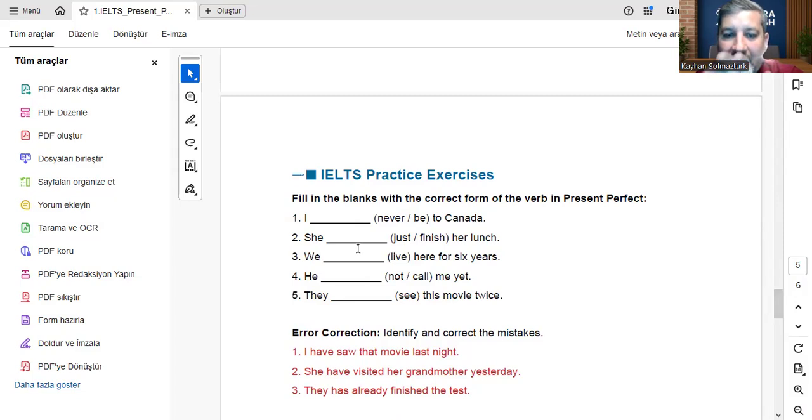Be careful: have, has, subject have, has, and the main verb here is be, finish, let, call, and we have to make it the negative form, and here we have the main verb say.